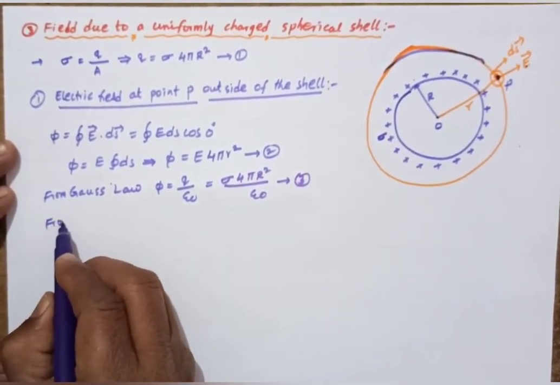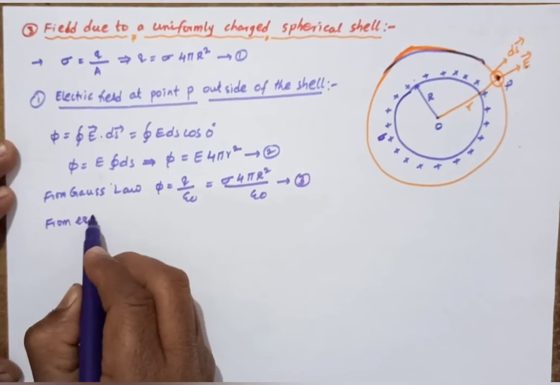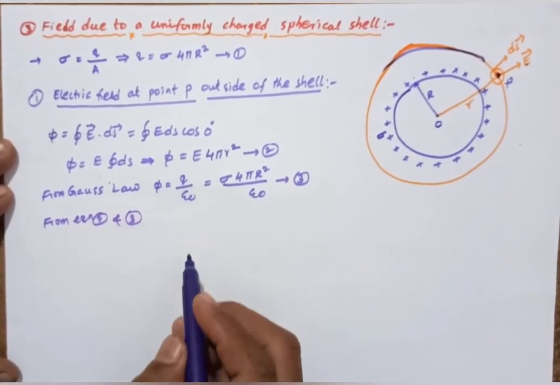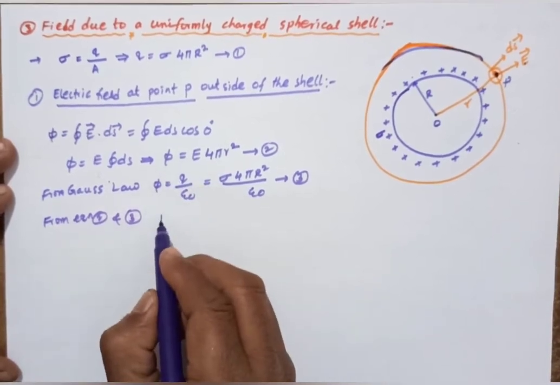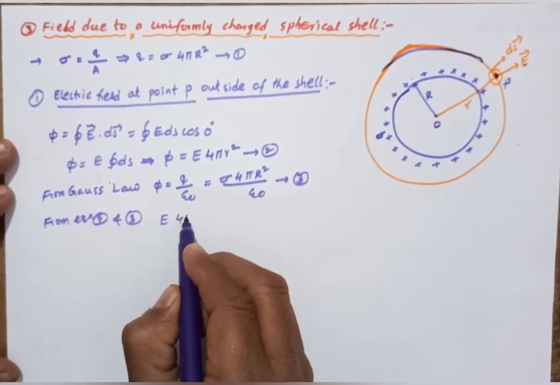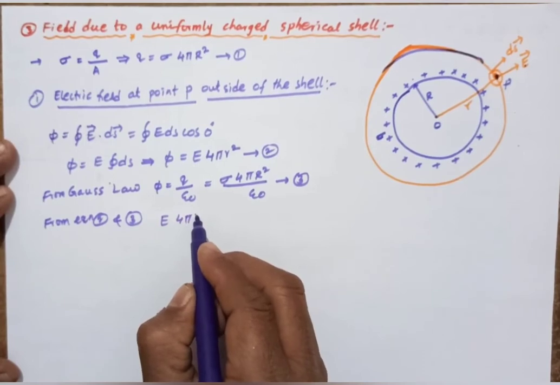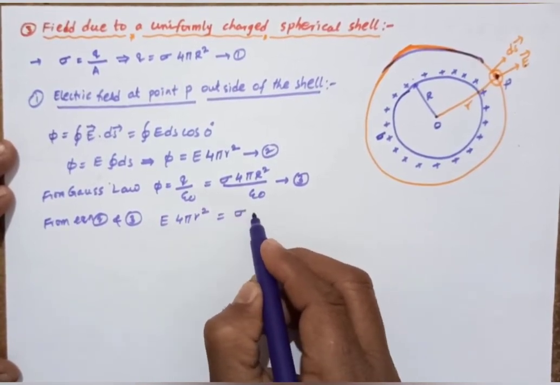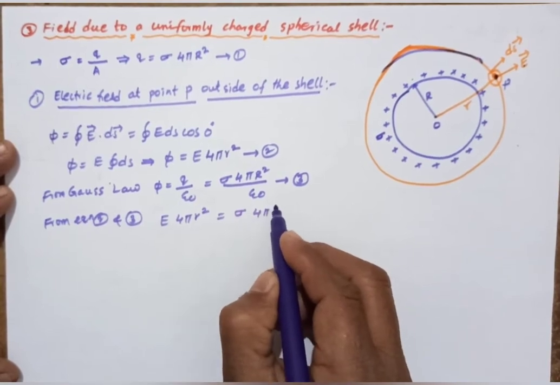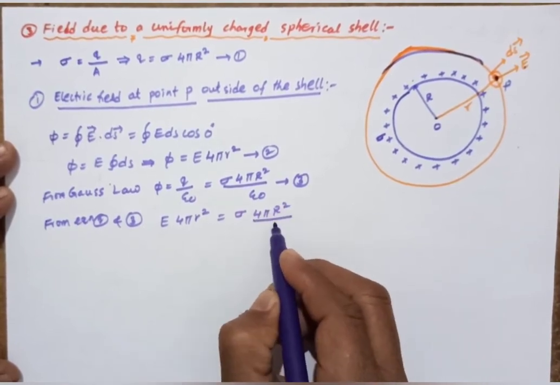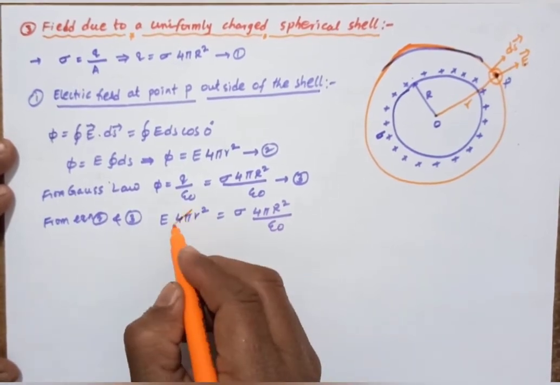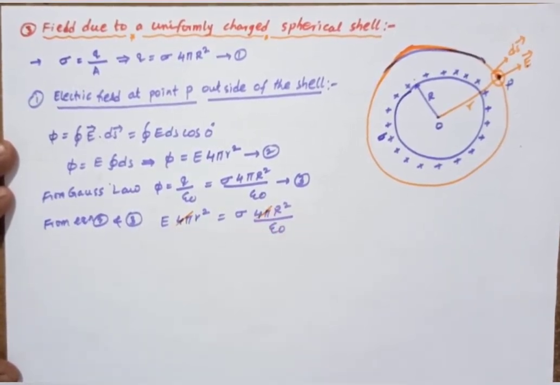From equation number 2 and 3, we can write E into 4πr² equals sigma into 4π capital R² by epsilon naught. Here both sides 4π and 4π get cancelled.